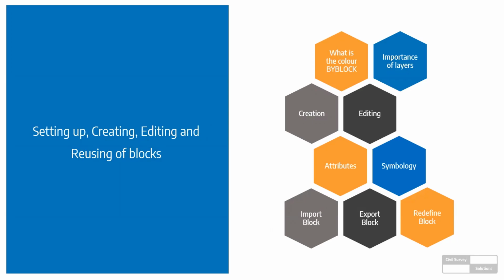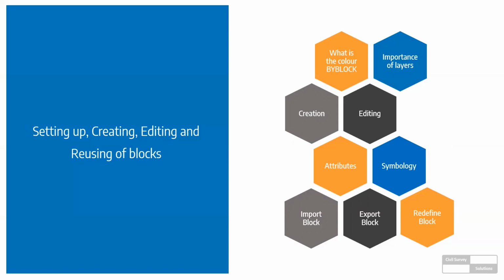If you change the color of the by block layer, objects in your drawing that have by block set will take on the values that you set independently for the block. We'll be seeing how that works when we're creating blocks a little bit later.